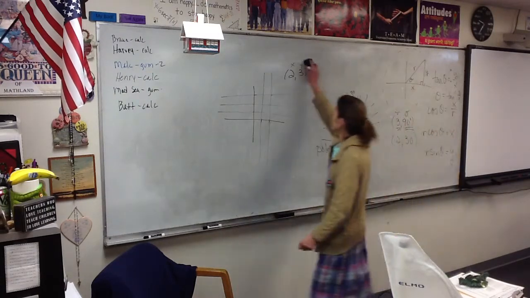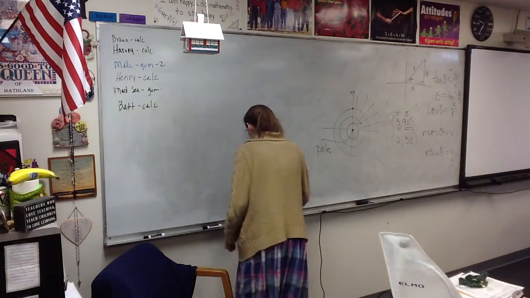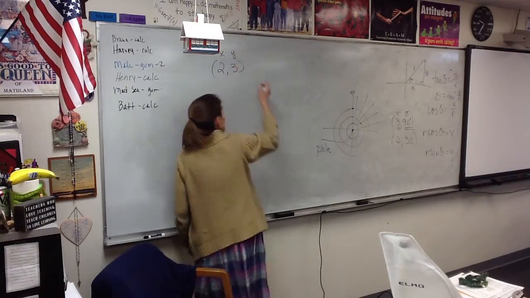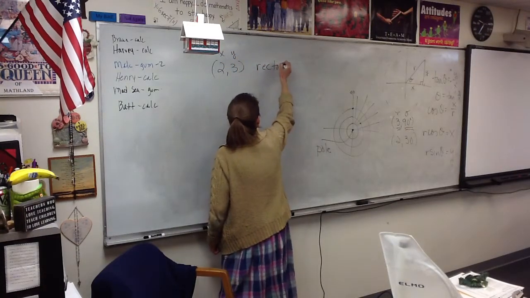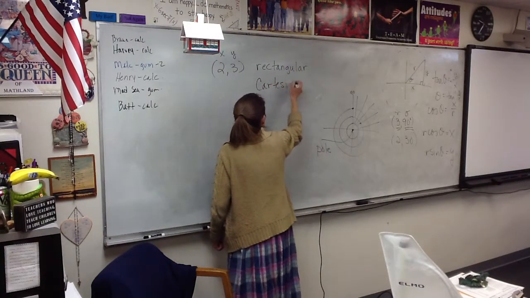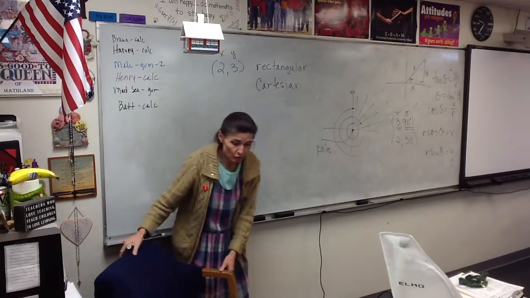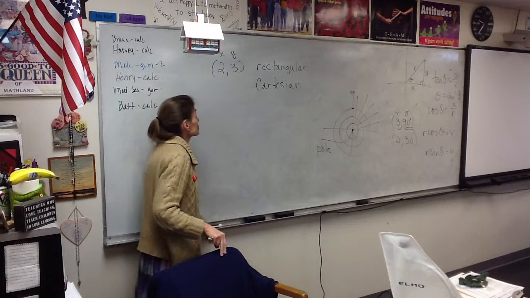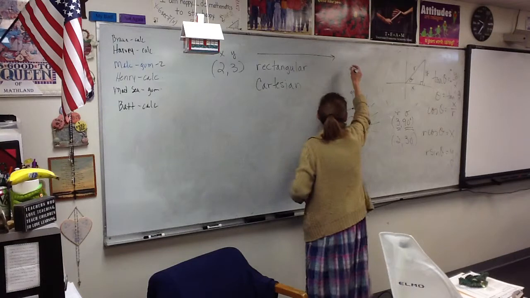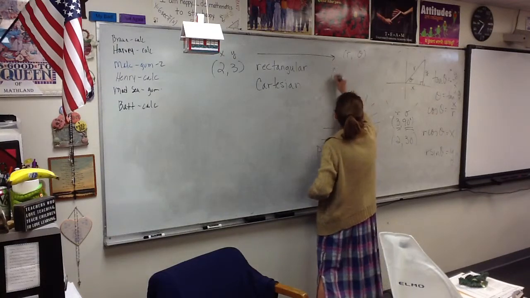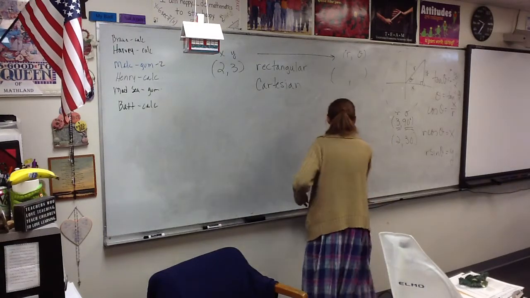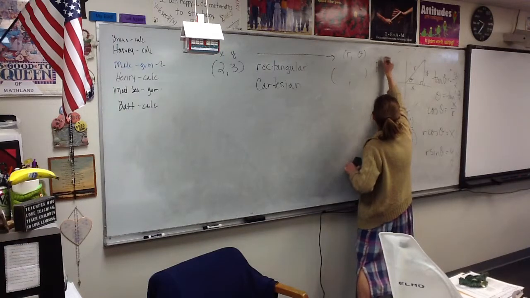Now, how do we use them? Well, let's take our point 2, 3 that I just had up here on the board. Those are what we call rectangular or Cartesian coordinates. Those 2 words are used interchangeably. So we have an X and a Y, and you are going to change that into an R and a theta. In other words, you are going to change that into what we call polar coordinates.